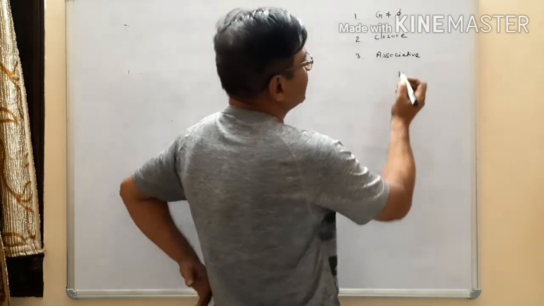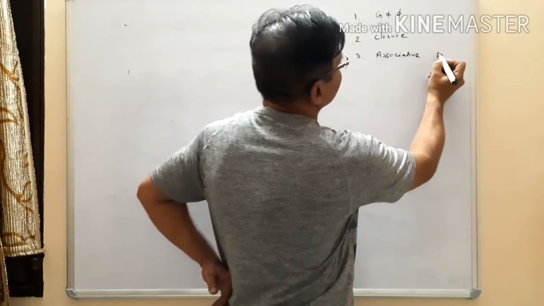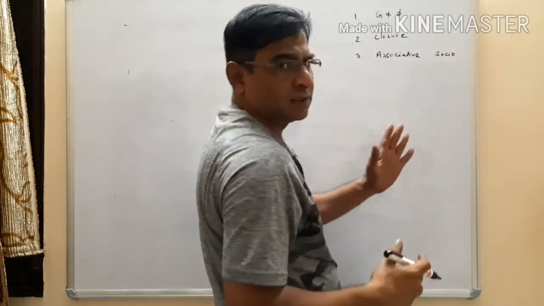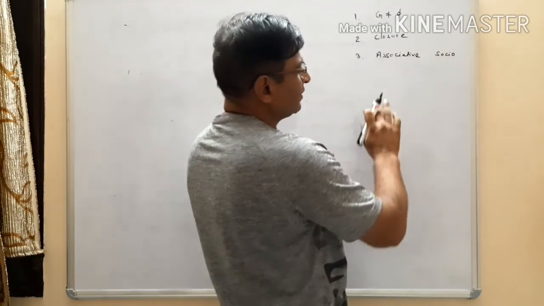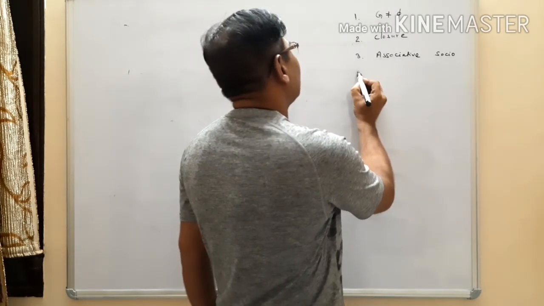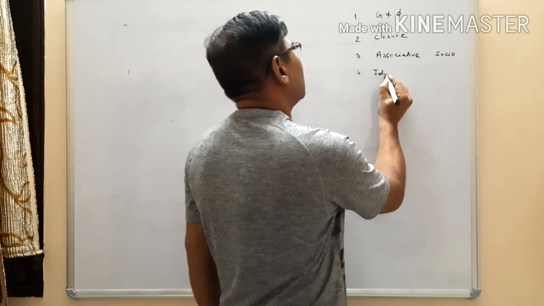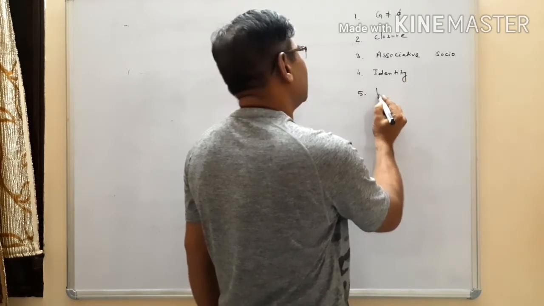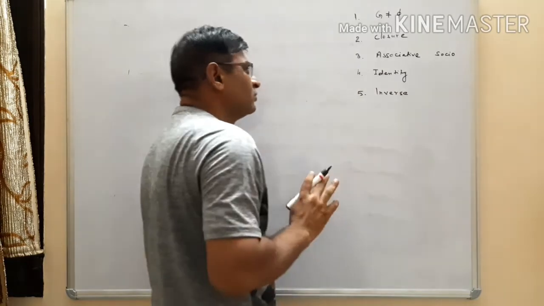Associate is made of the root word socio, which is a Latin word meaning companion, and when the prefix is added it becomes associate, to socialize. The fourth one is identity, and the fifth one is inverse. So these 5 things we have to check.